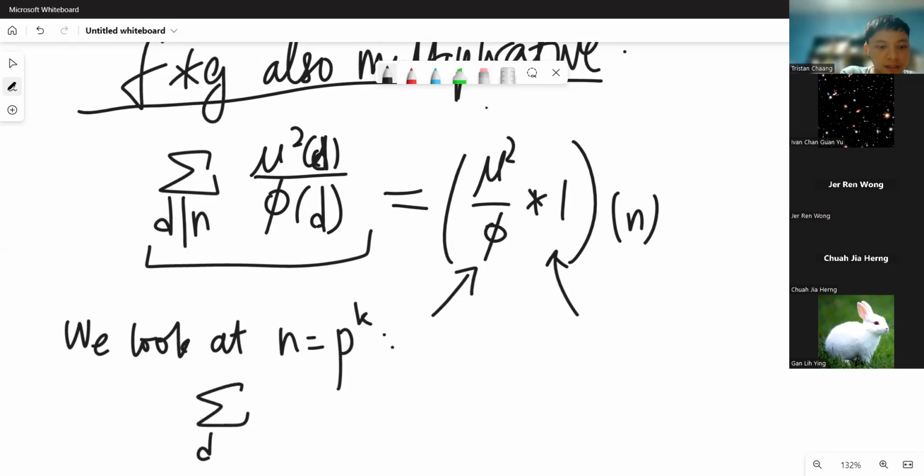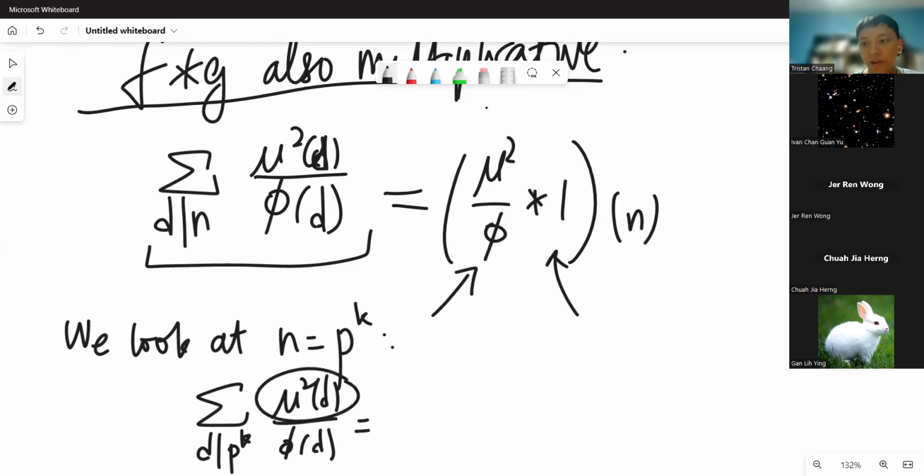So the sum over d dividing a prime power of mu squared d over phi d. Well, what is this? Notice this thing vanishes for all prime powers with exponent larger than 1.